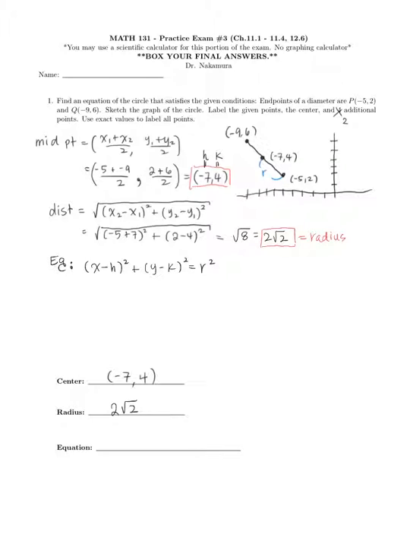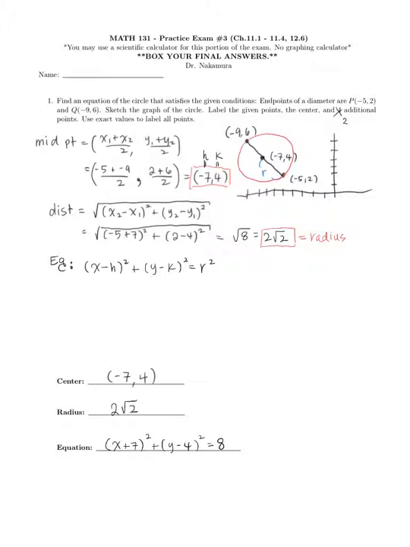Keep that in mind. So here it's x minus negative 7, so it's plus 7 squared, plus y minus 4 squared equals r squared. So the radius squared is going to be 8. Before I forget, let me draw that circle. That does not even look like a circle, but pretend that that's a circle, please.